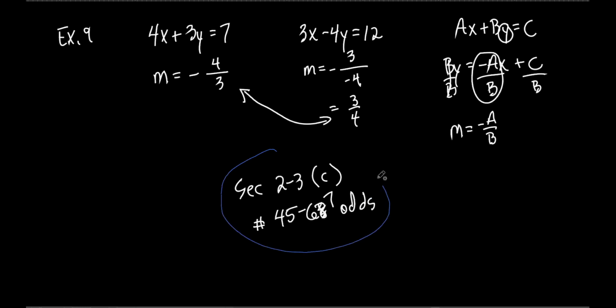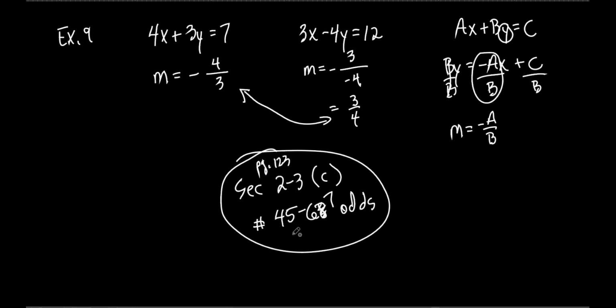Then you don't have to do those. All right, so I'll go 45 to 67. Just turn to section 2.3 homework and you'll see 45 to 67. It's like page 123, it looks like. Page 123. All right, so there you go.